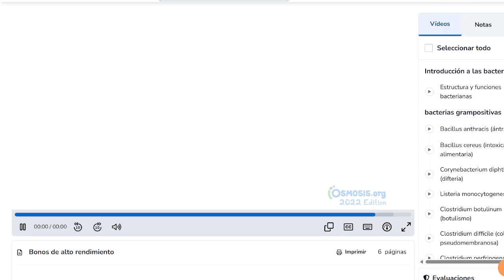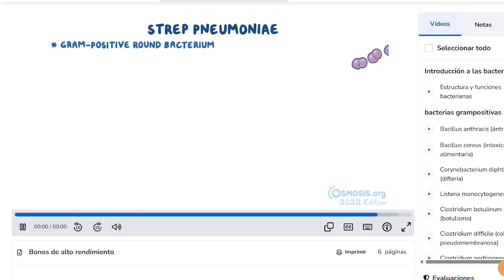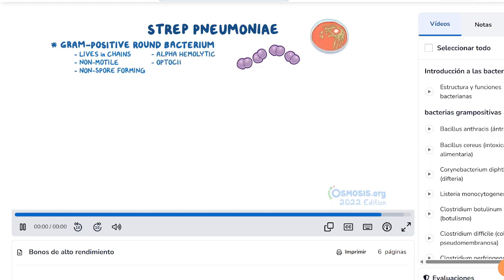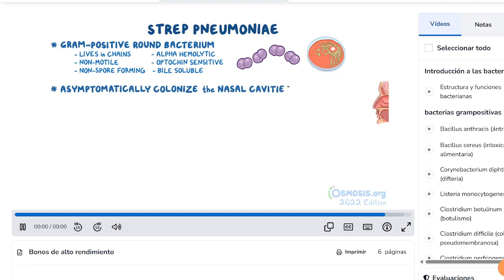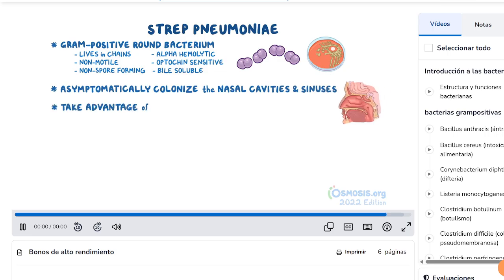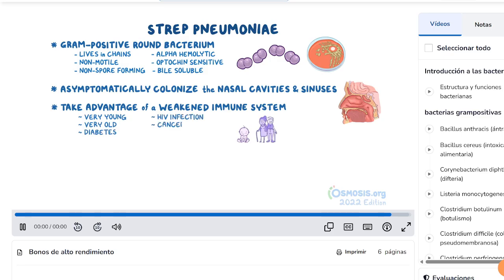Alright, as a quick recap, strep pneumoniae is a gram-positive round bacterium that lives in chains. They are non-motile, non-spore-forming, alpha-hemolytic, optochin-sensitive, and bile-soluble. These bacteria are found asymptomatically colonizing the nasal cavities and sinuses, but they can take advantage of a weakened immune system, especially in very young or very old individuals, or those with diabetes, HIV infection, cancer, splenectomy, or those with sickle cell disease.